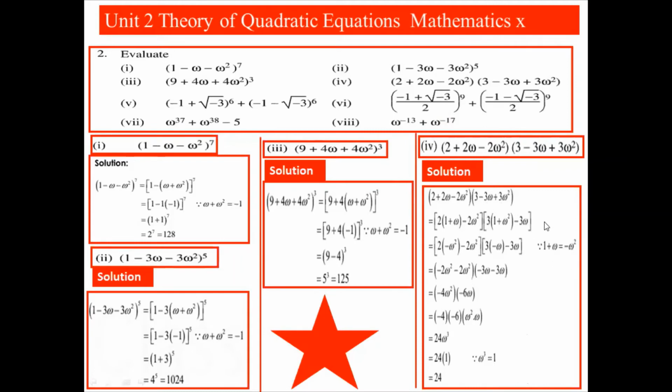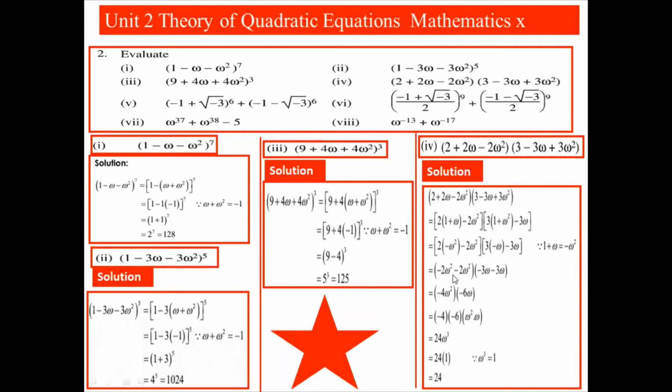So from the property 1 plus omega plus omega square is equal to 0, we can take the value of 1 plus omega as minus omega square, and 1 plus omega square will be equal to minus omega.